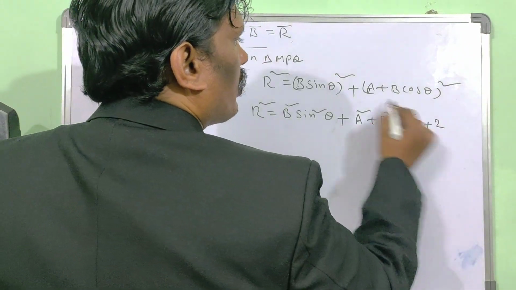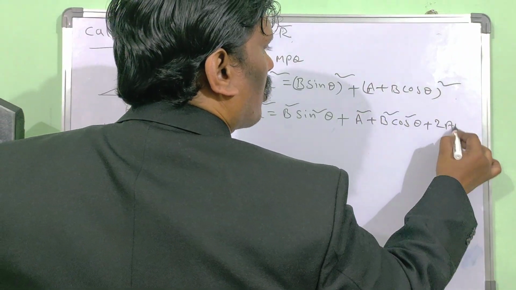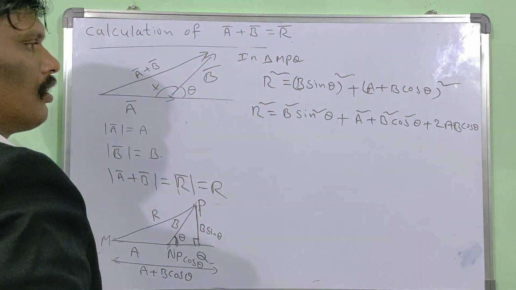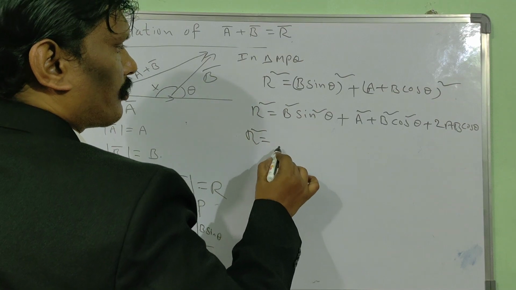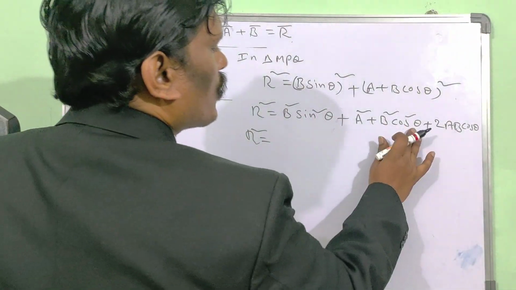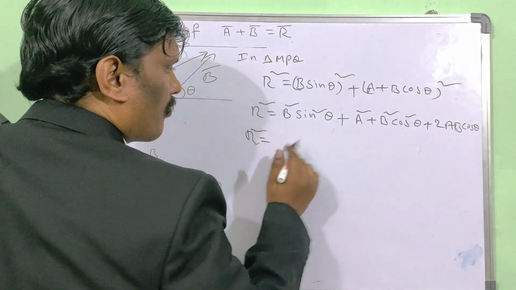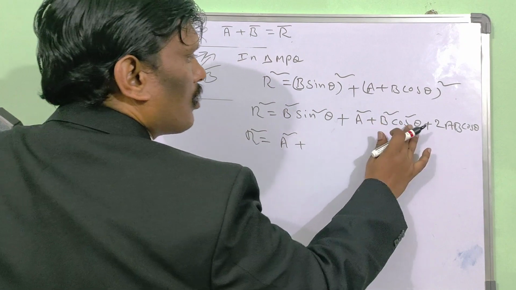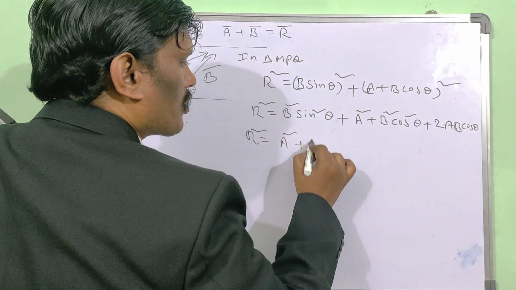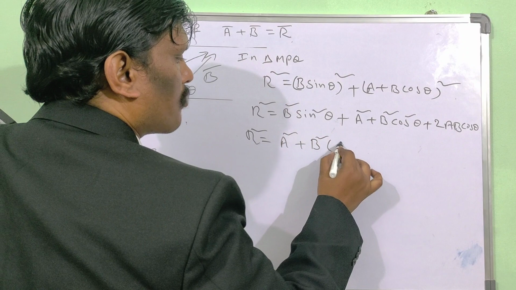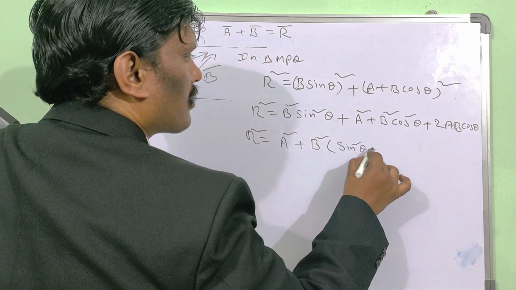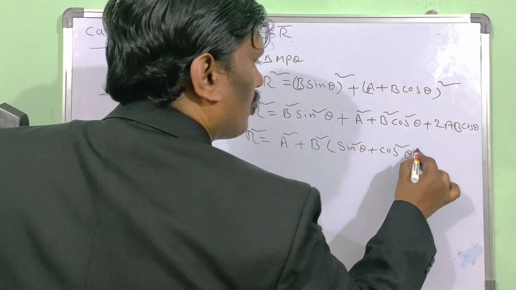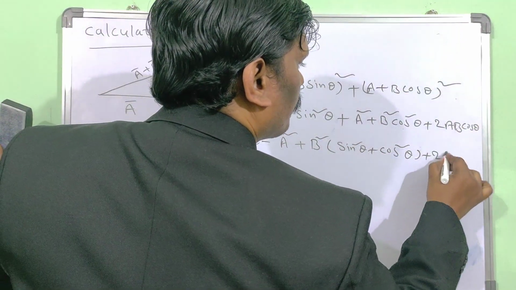So R square is equal to B square sin square theta plus B square cos square theta, and A square. From these two terms take B square common: sin square theta plus cos square theta, plus 2AB cos theta.